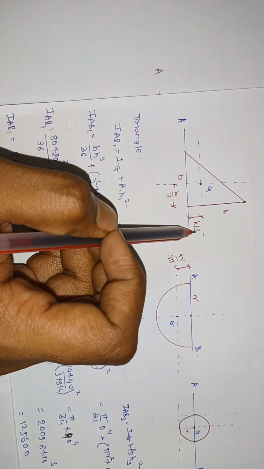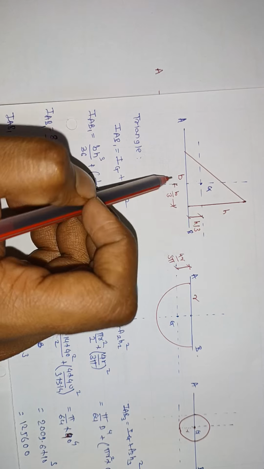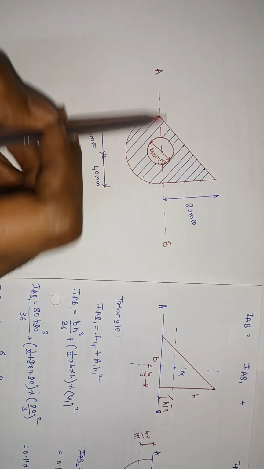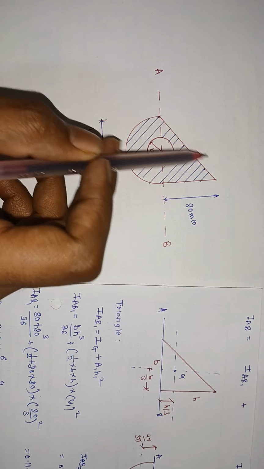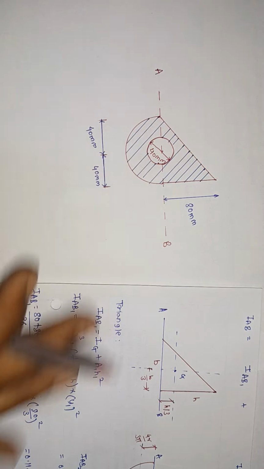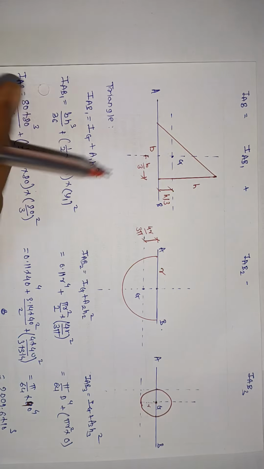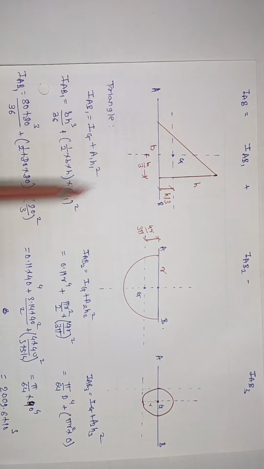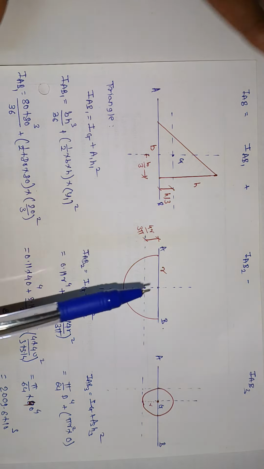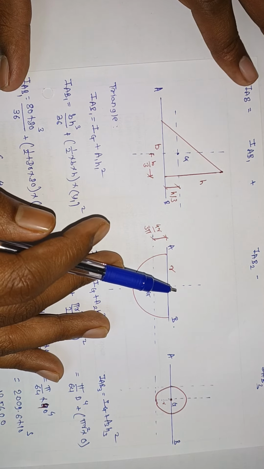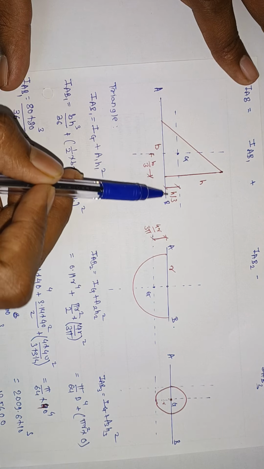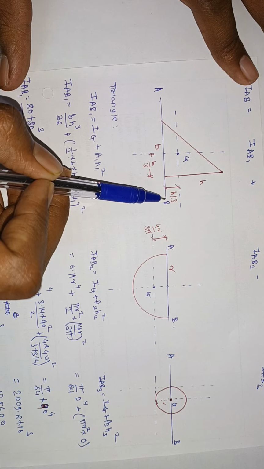This is the base AB and this is the right angle triangle. In the same way, this is the base AB and this is the right angle triangle. So we have drawn it here. We have to calculate the moment of inertia about AB.